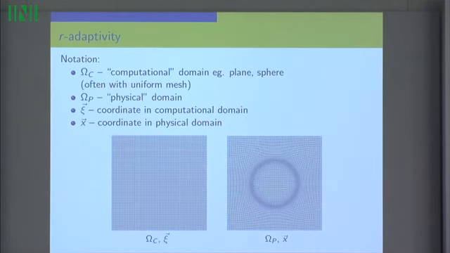Okay, so how do you generate a mesh? Well, the best way to think about mesh generation is in terms of maps, and that avoids all sorts of complicated problems with geometry and so on. So the way we're going to generate it is we're going to have what we call a computational mesh, which sits inside the computer and we don't touch, which has some nice properties. It can be triangles, rectangles, whatever, but it's nice and regular. And the computational coordinate are called psi.